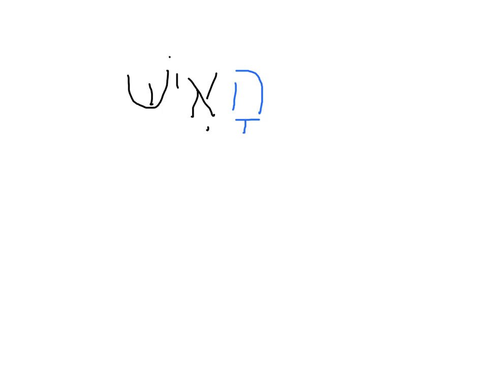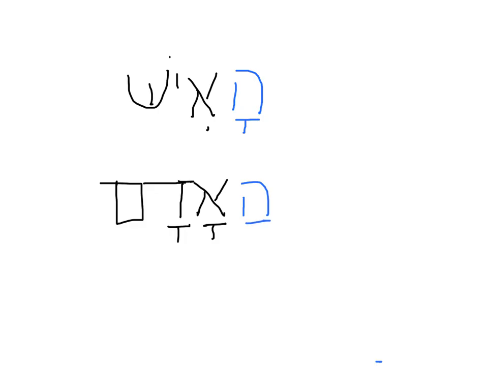So if we take, say, the word Adam, and we wanted to say the human, we would add the hey, and we couldn't add a patak dagesh because the aleph won't take a dagesh, so we have compensatory lengthening. So we have ha-adam.